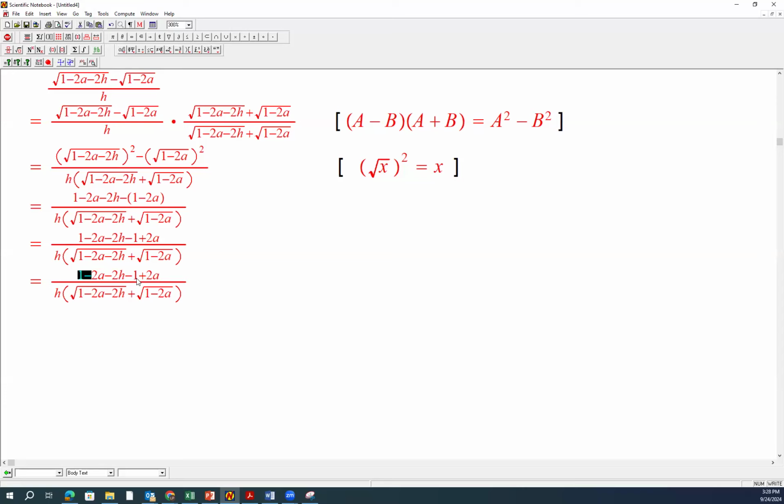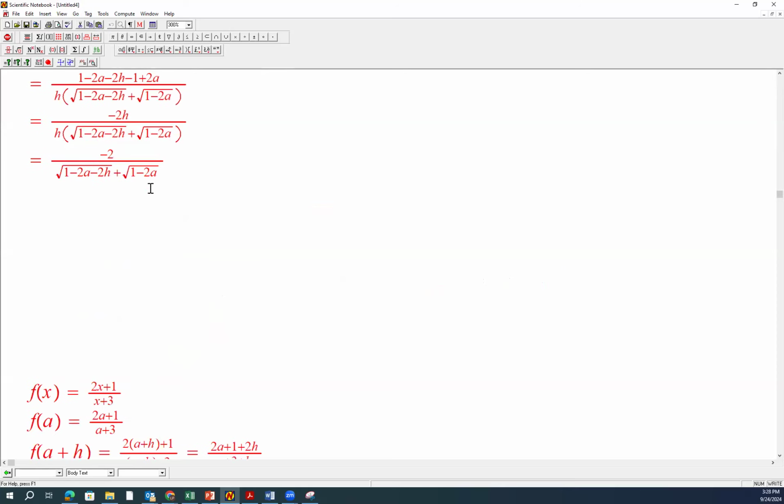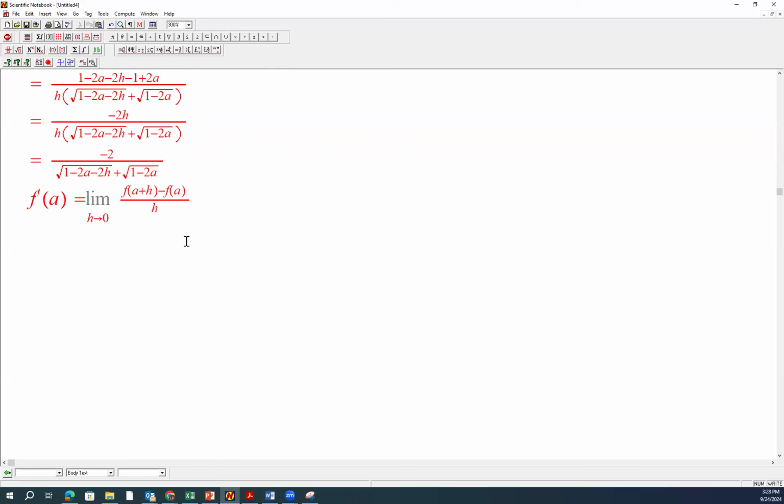Okay, so 1 minus 1, right? 1 minus 1, 2a minus 2a, right? H and H reduced. So this H is reduced, this other H is reduced, and this parentheses is no longer needed. And now we can take a limit. So we're going to take a limit. Okay, I'm going to take a limit.